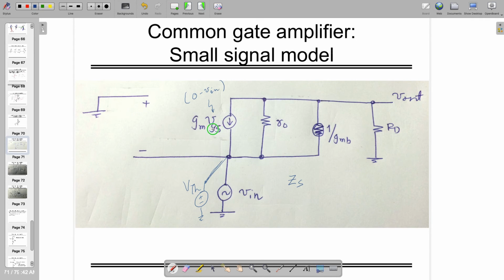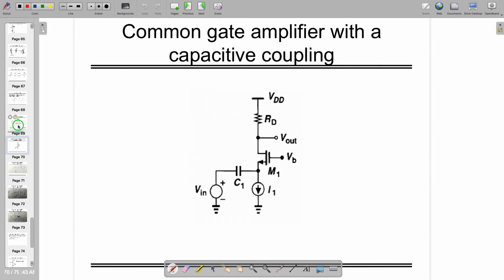The gate potential is 0 and the source potential is Vin. So the current direction is actually reversed because of VGS. In the other case, the input was applied here where VGS was positive. But in this case, it's negative, and that's why the gain of the common gate does not become negative, but becomes positive.